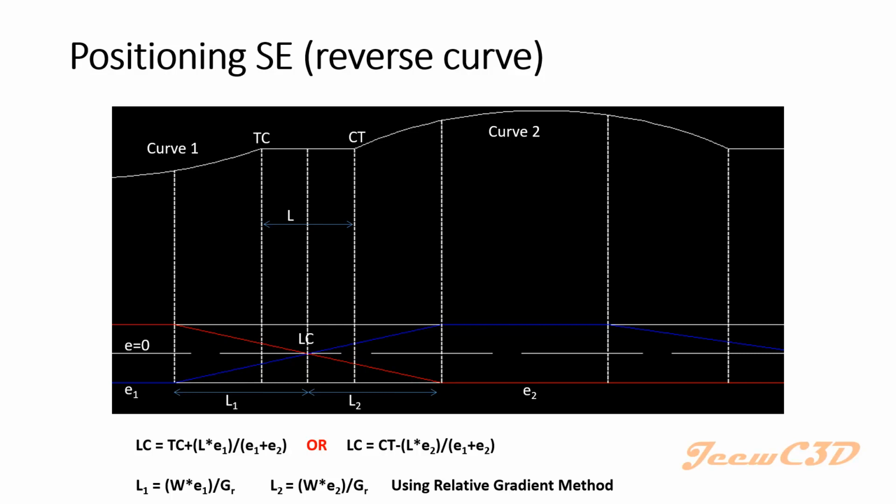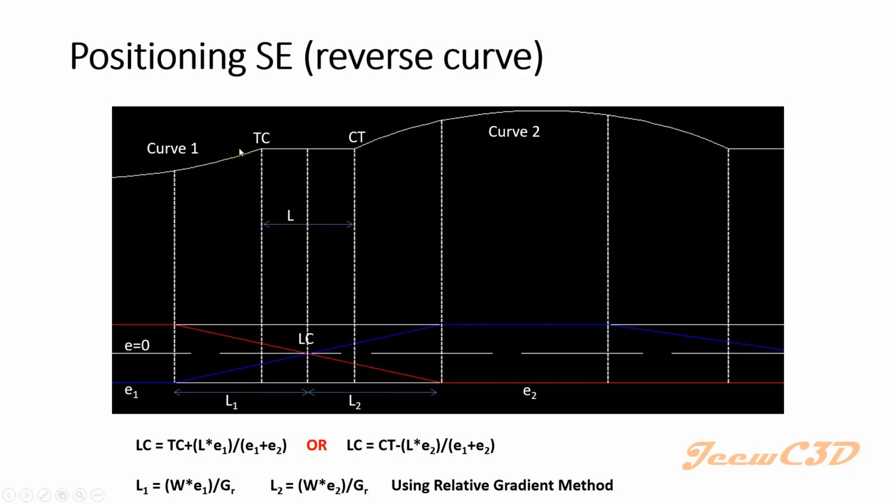So this is how to develop superelevation development length in a reverse curve. So you have one curve coming like this, and you have a tangent to curve point, then you have a small straight, then you have a curve to tangent point, and you have another curve, but that curve is in the other direction. Since this is a curve, this has a superelevation, so this is going on the left side.